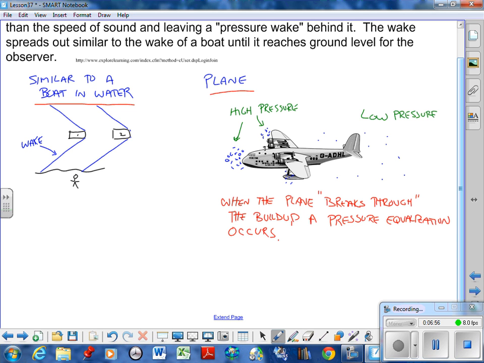But that ripping through the particles is what causes that boom. So ripping through the particles causes the sonic boom.